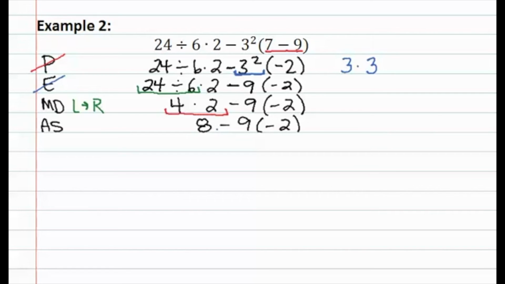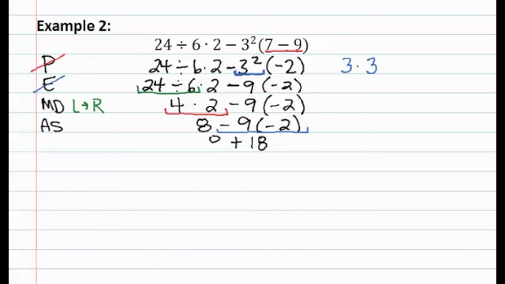Next, we finish the last multiplication. Remember, you can identify that it is multiplication because there is not a symbol between the number and the parenthesis. We have negative 9 times negative 2, which results in a positive 18. It is very important to bring the symbol down with the positive 18, as there is more to this problem.